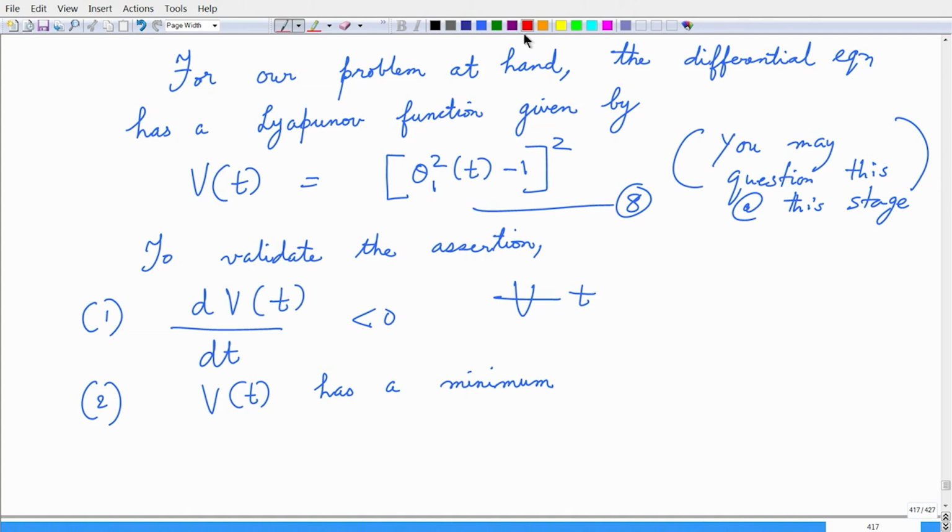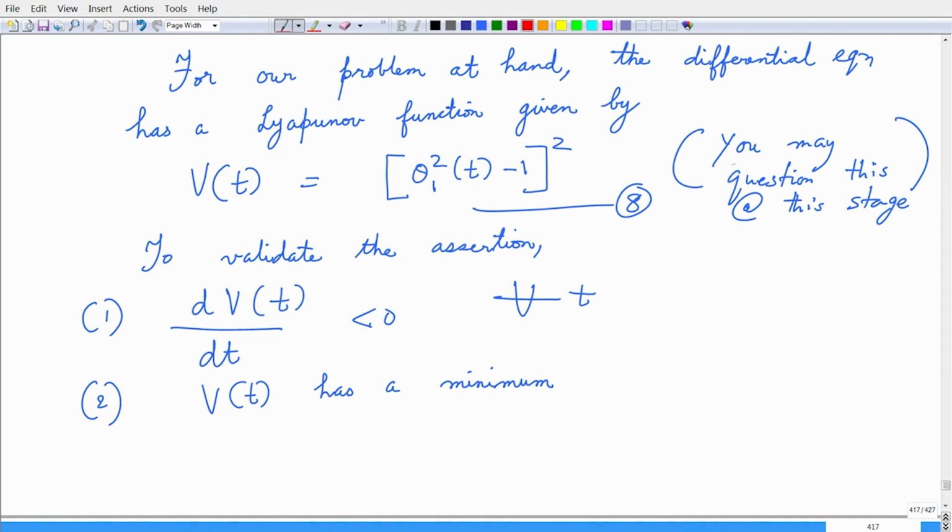So, let us get into the details. For our problem at hand, the analysis of the Hebbian based maximum eigenfilter, the differential equation has a Lyapunov function given by V(t) = (θ1²(t) − 1)².